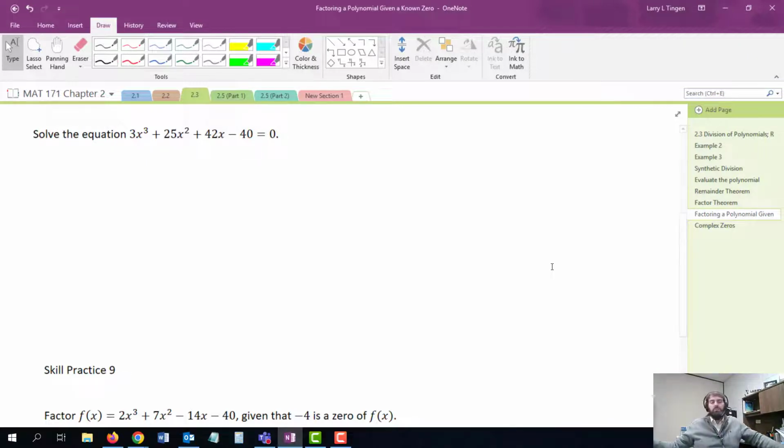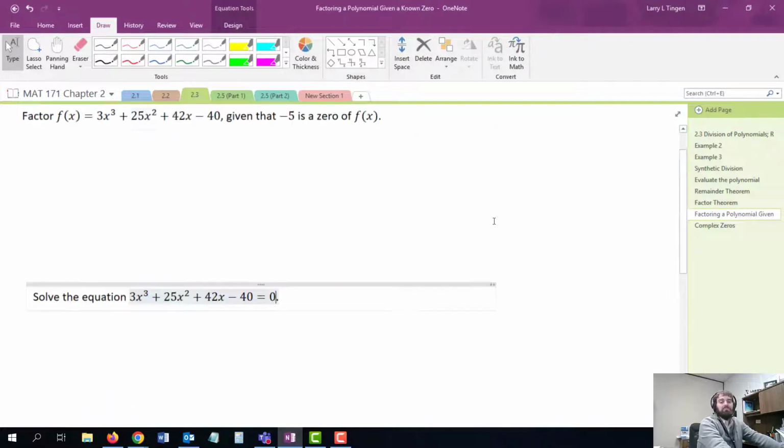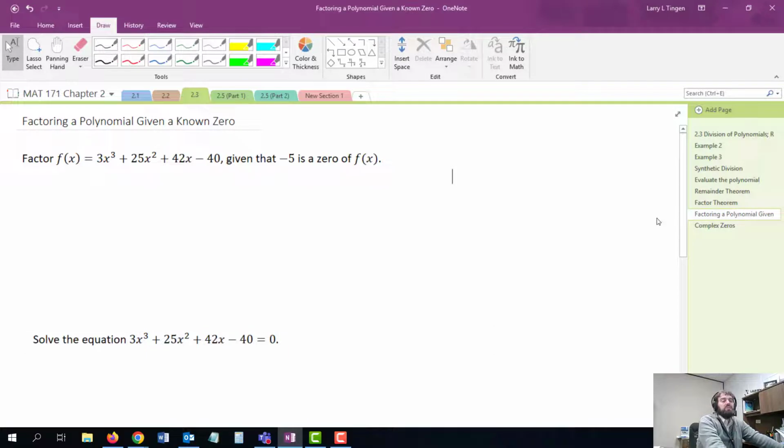So next we have, and the notes are just forgetting a couple of words. Here we go. So first thing I want to do is factor f of x, given that negative 5 is a 0 of f of x. All right? So I know negative 5 is a 0.